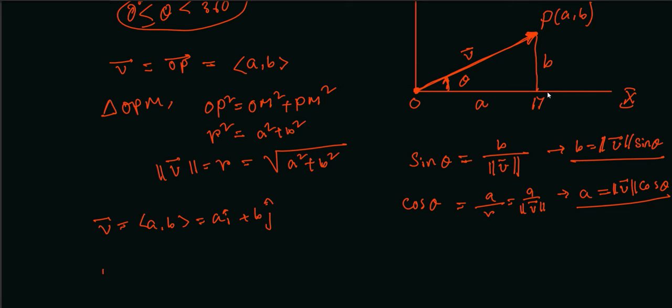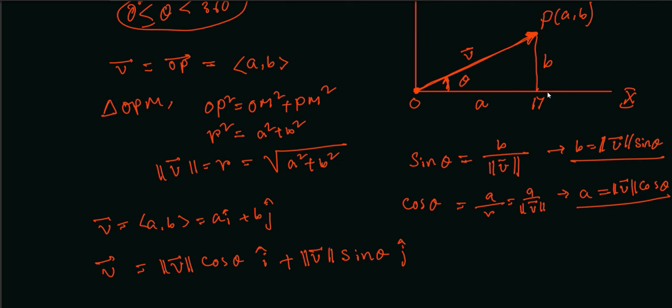So we can also write the vector v equals the magnitude of the vector times cosine theta i for the x-axis direction, plus the magnitude of the vector v times sin theta j.